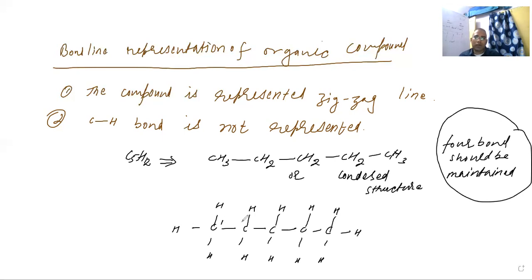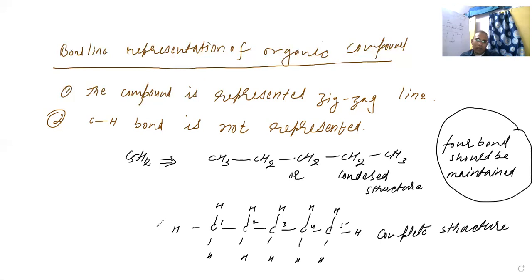You can count this one: 2, 3, 4, and 5. This is what is known as the complete structure.